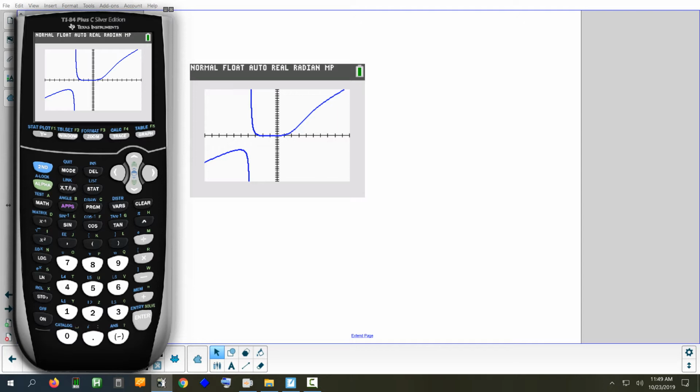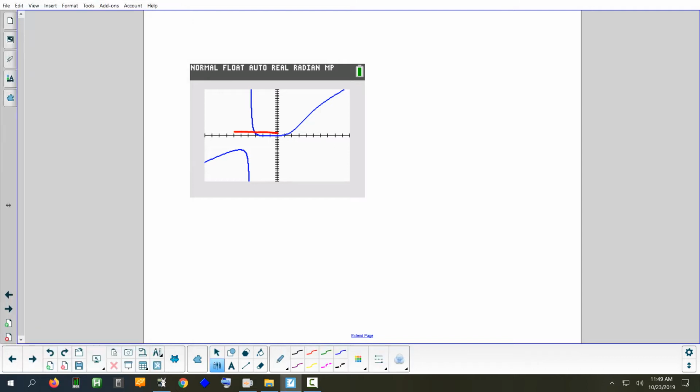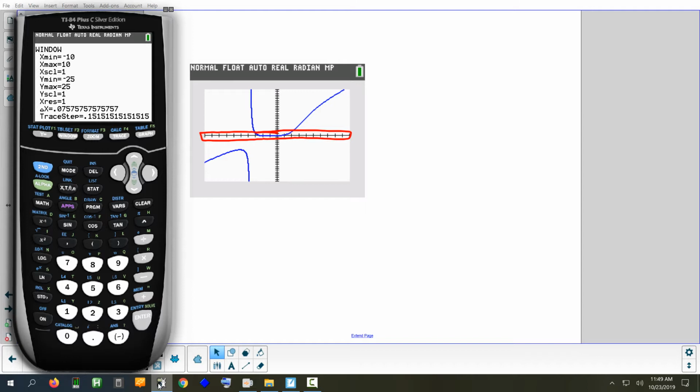So what I'm going to do is, instead of going negative 25 to 25, which is a good window that shows you the big picture, let's zoom in on that section right there. That's going to be maybe negative 2 to 2. And let's see what we're looking at.